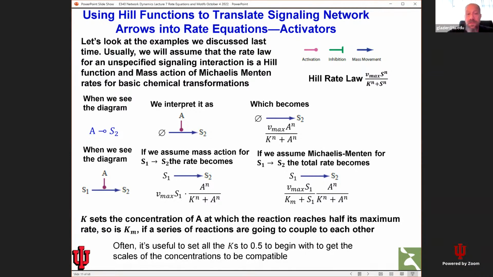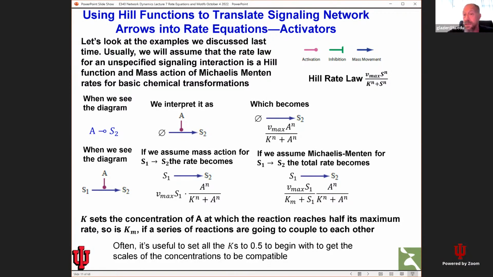Now, what the values of K, Vmax, and N are is not described. Vmax will determine the time constant of this reaction. If Vmax is very large, then things happen quickly. If Vmax is small, then they happen slower.